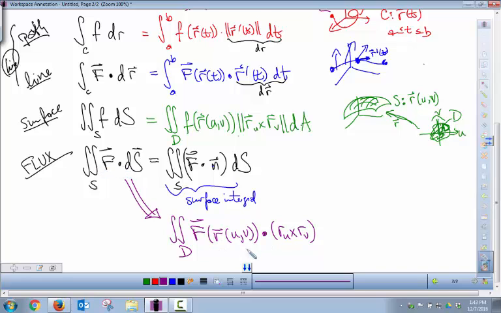And so the F part is the vector field evaluated at the parameterization, and the dS part will include your parameterization. And again, the dA is like a du dv in whatever convenient order you're working it out.